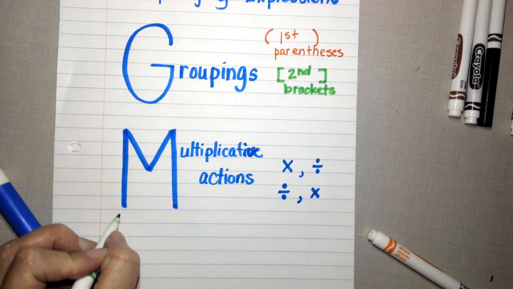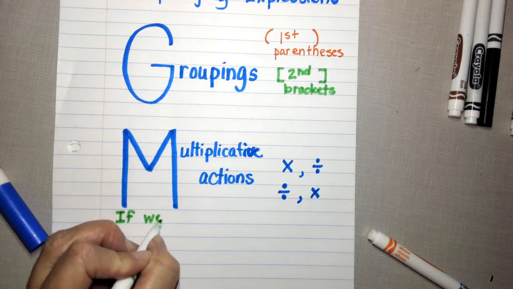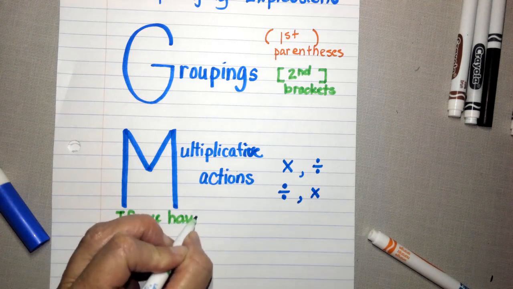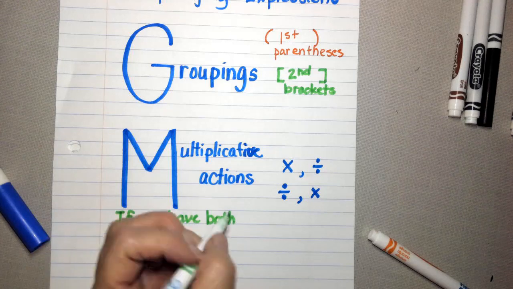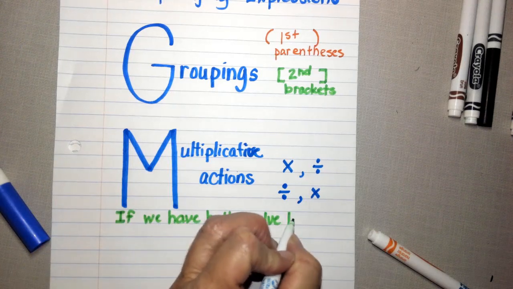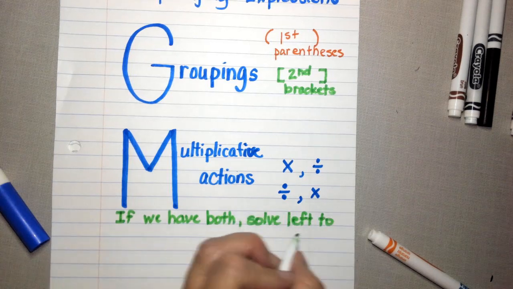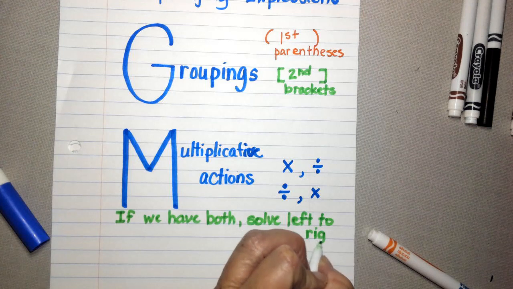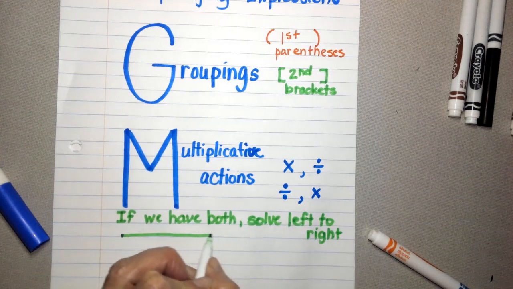So we're going to add that below. If we have both, solve left to right. Start at the beginning and solve left to right.